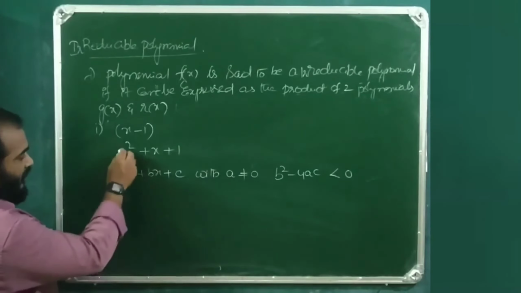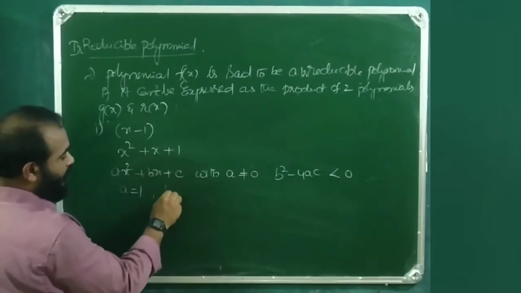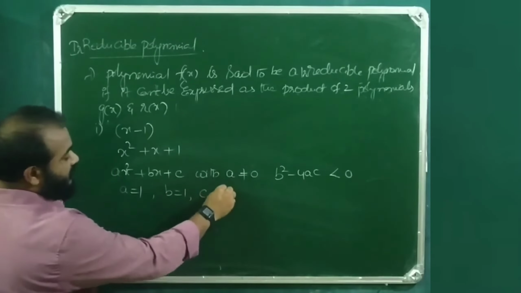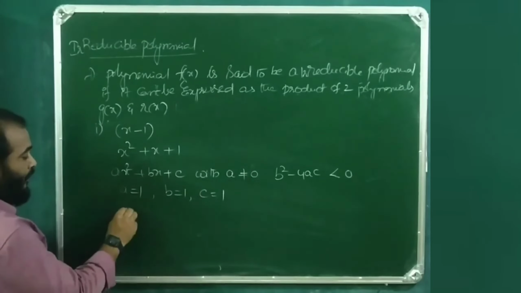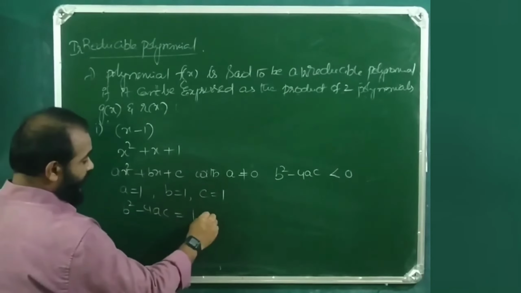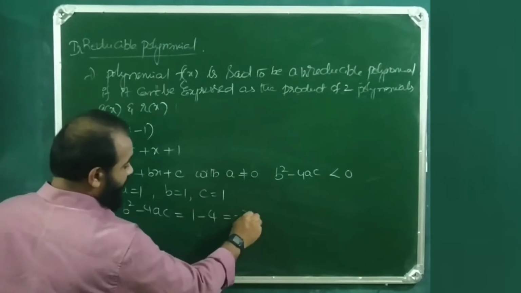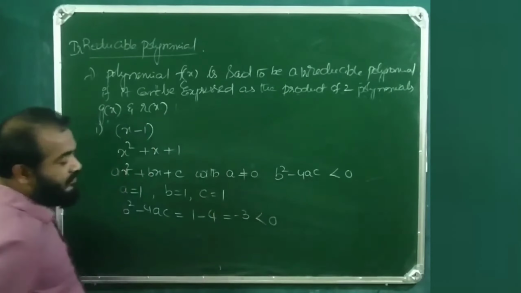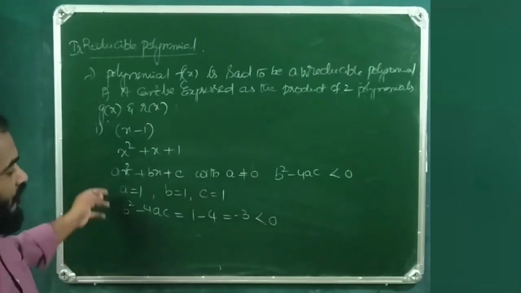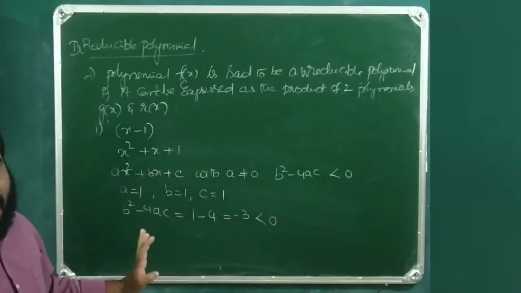Here the x square coefficient a is 1, the x coefficient b is 1, and the constant c is 1. So b square minus 4ac is 1 square minus 4 into 1 into 1, which equals minus 3, which is less than 0. Therefore we can conclude that this is an irreducible polynomial.